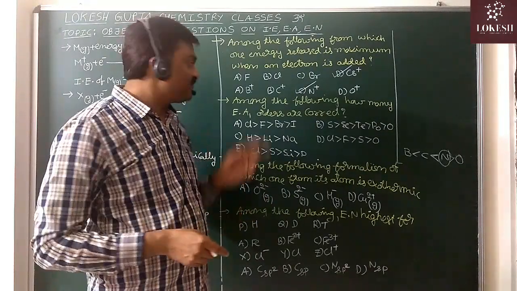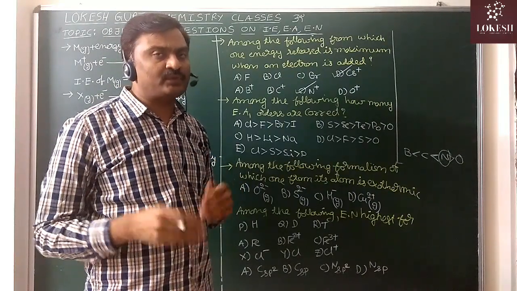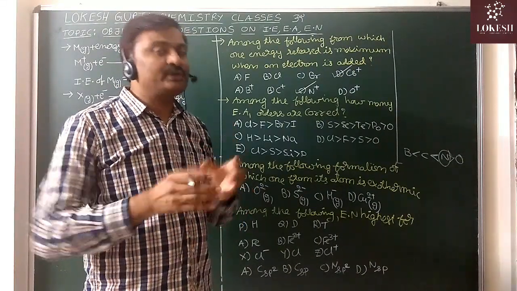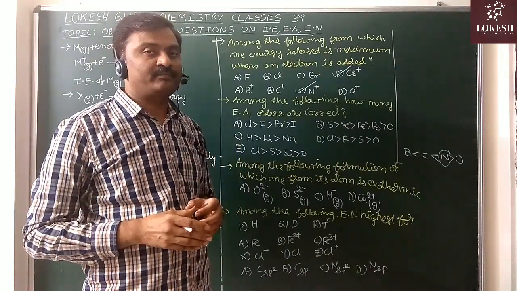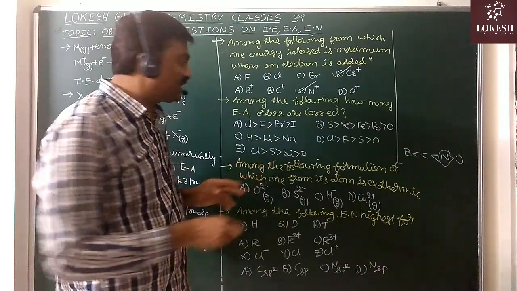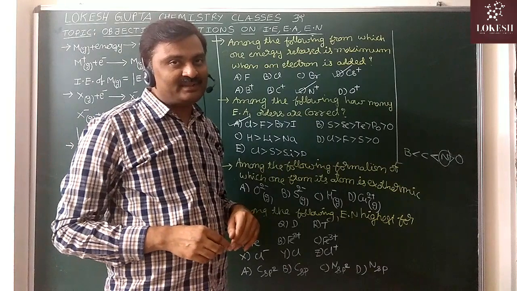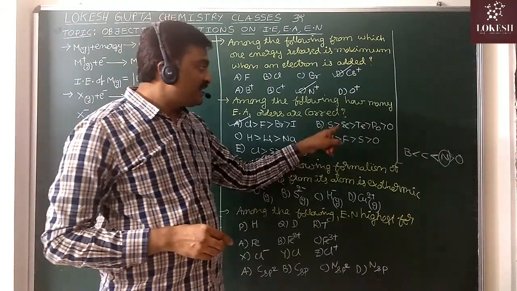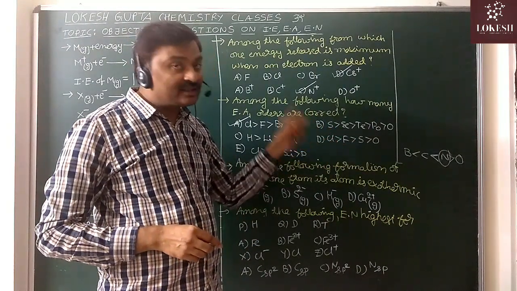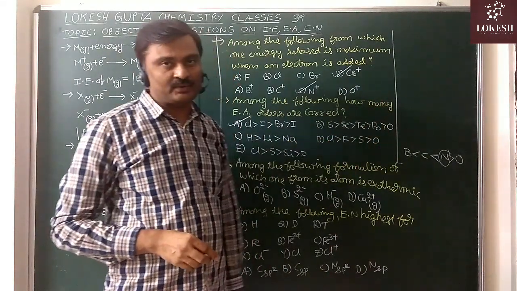Electron affinity of the first element is less than that of the second element. In 7th A group, electron affinity of fluorine is less than that of chlorine. Why? Due to the small size of fluorine. Now in this 7th A group, fluorine's electron affinity is just less than that of chlorine. So this is correct. But in 6th group, electron affinity of oxygen is not only less than that of sulfur, it is least among the 6th group.